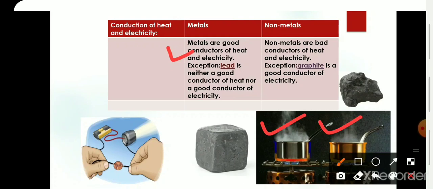But there is one exception. Lead. Lead is a metal, but it is not a good conductor of heat, neither is it a good conductor of electricity. Now, non-metals are bad conductors of heat and electricity. But here also there is an exception, graphite. It is a non-metal, but it is a very good conductor of electricity.